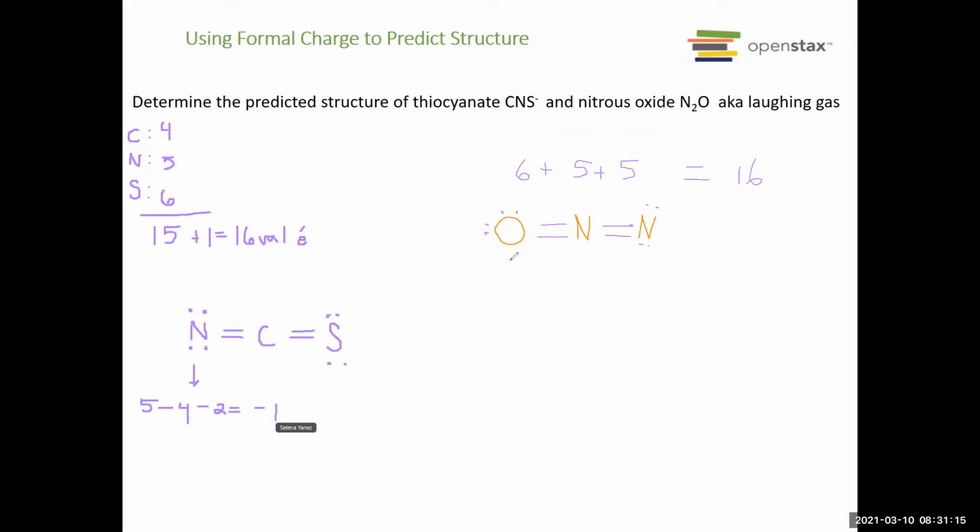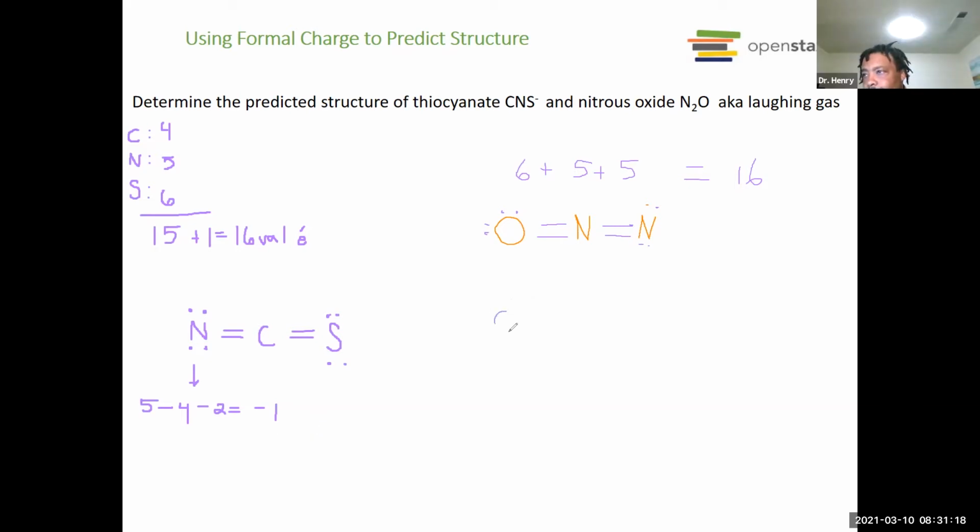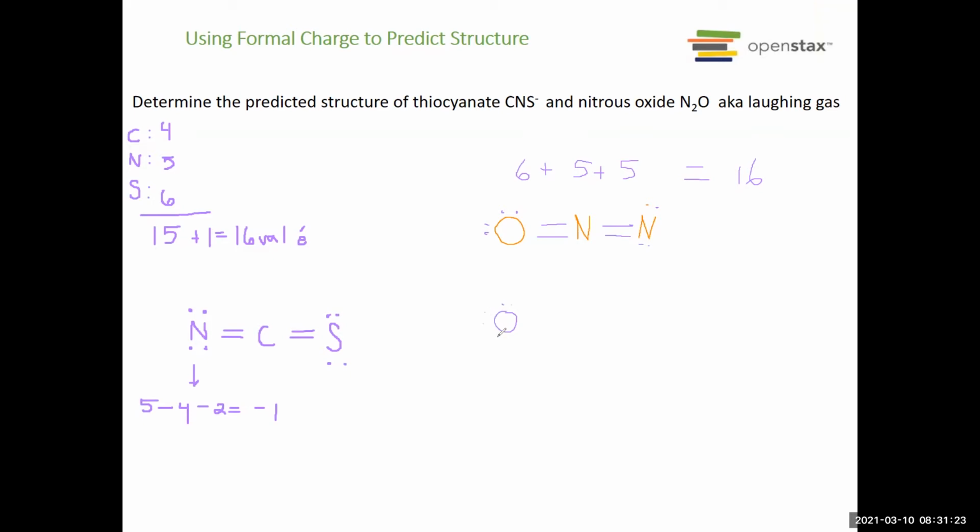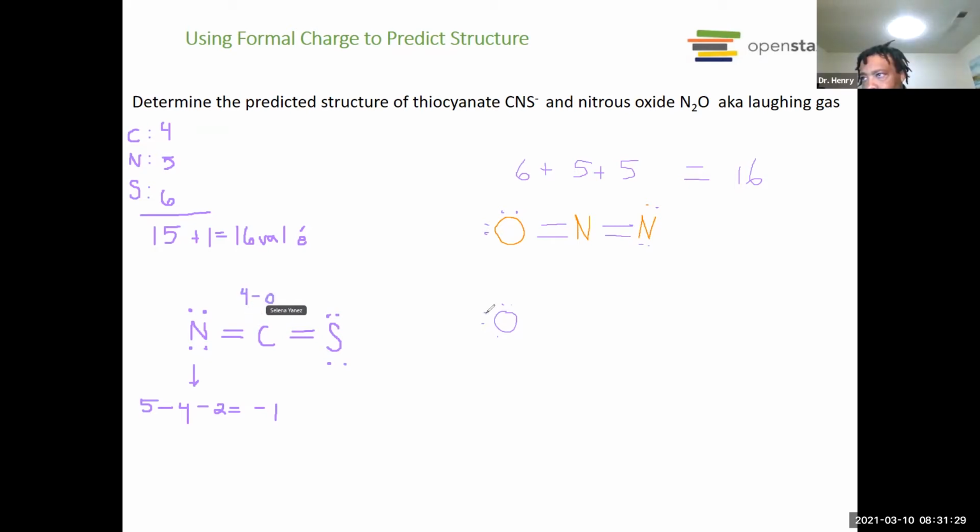So that's one possibility. So another possibility would be, my little dots are not showing up very well. So that's 2, 4, 6, 8, 10, 12, 14, 16.